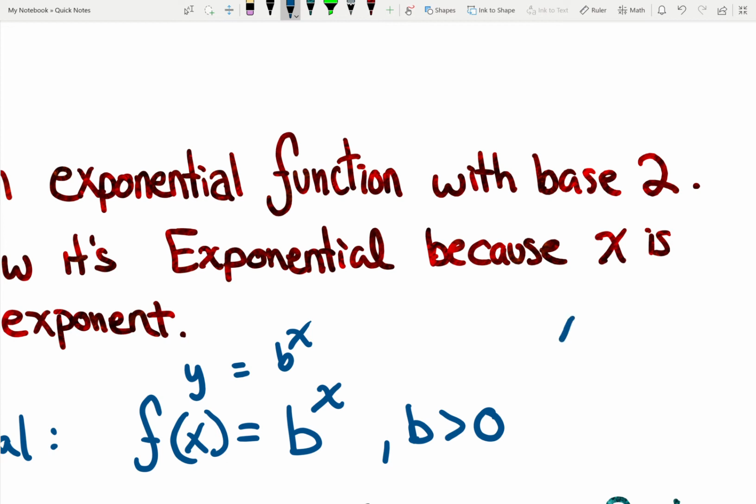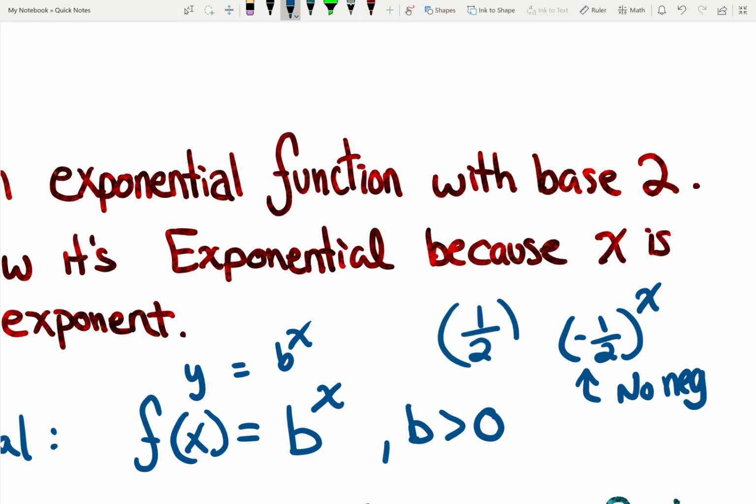So we can't have a negative as our base. No negatives. We have to pick numbers that are greater than 0. So this is okay. This is not okay.